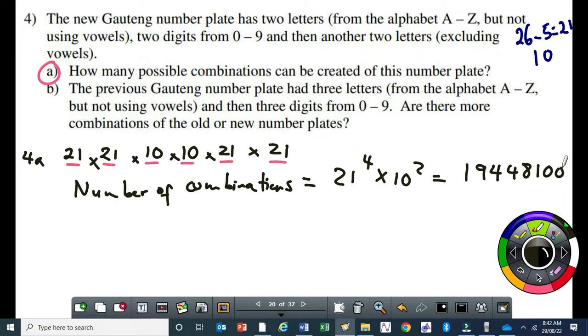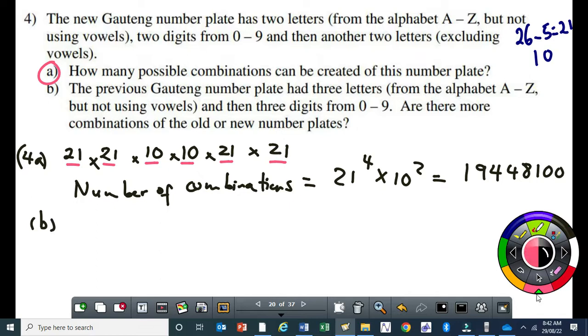Okay. Then B. Now B says the previous Gauteng number plate had 3 letters from the alphabet A to Z, but not using the vowels, then 3 digits from 0 to 9. Are there more combinations of the old or new number plates? Let's verify this.